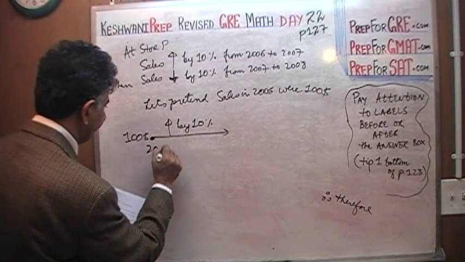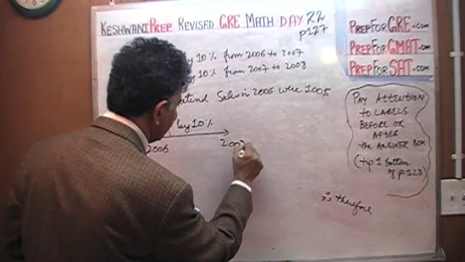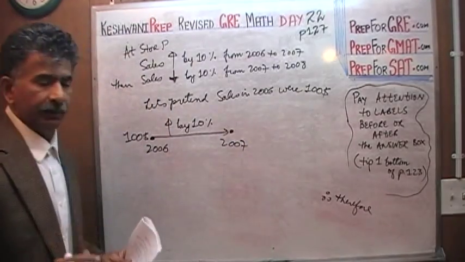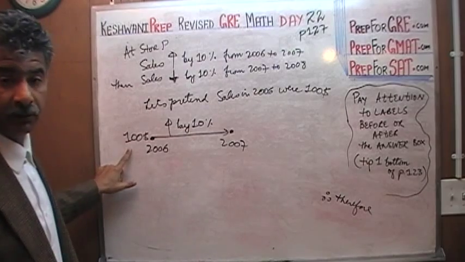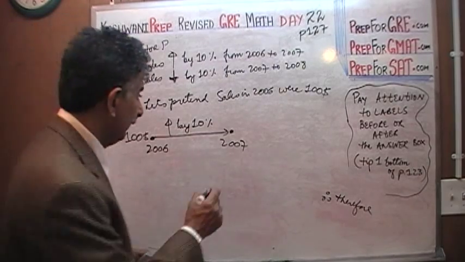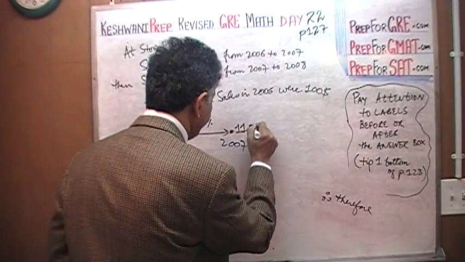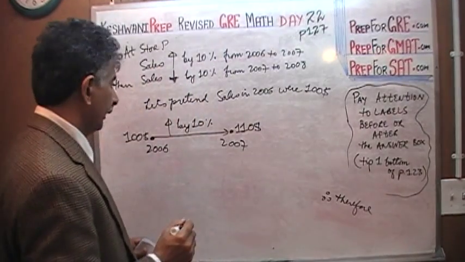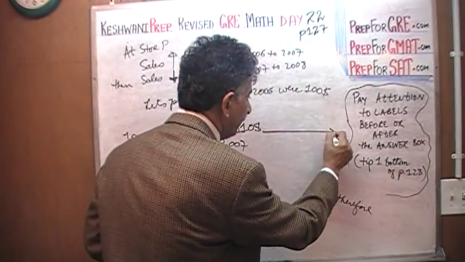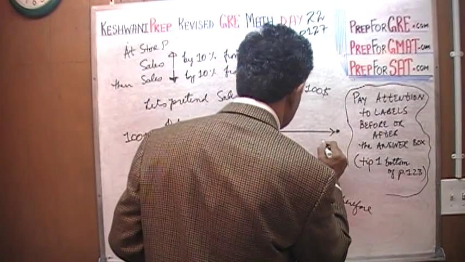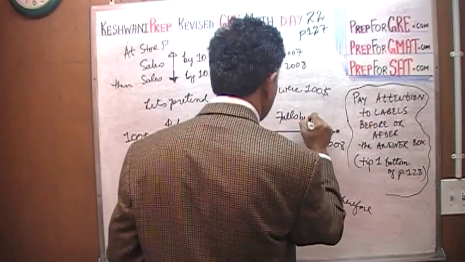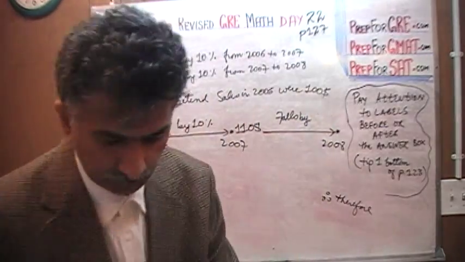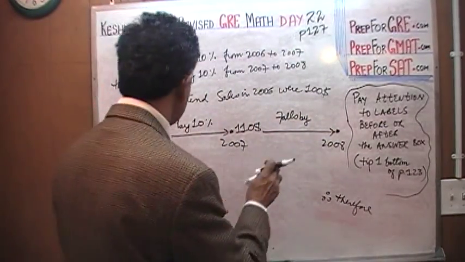From 2006 to 2007, it increases by 10%. Well, if it increases by 10%, then you started with 100. A 10% increase means it becomes 110. Then we are told that by the time we reach 2008, it falls by 10%.